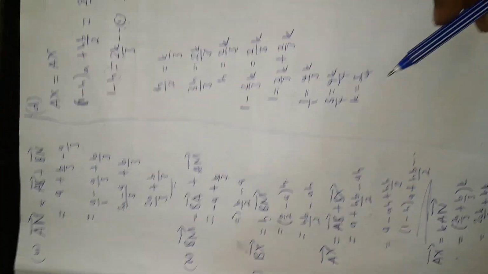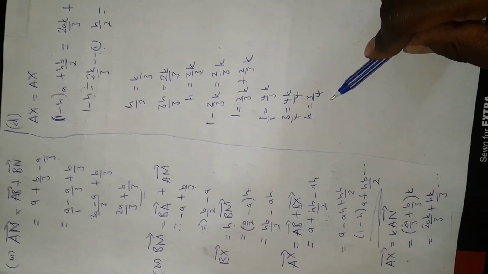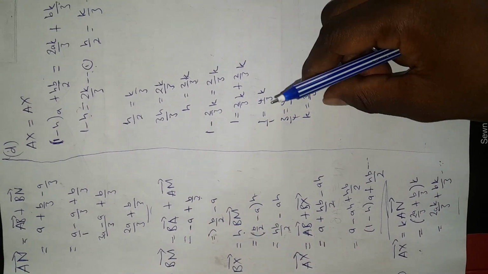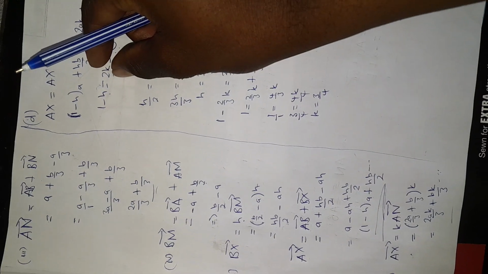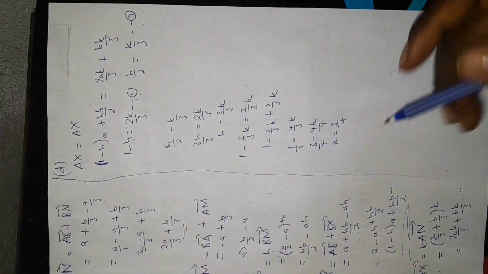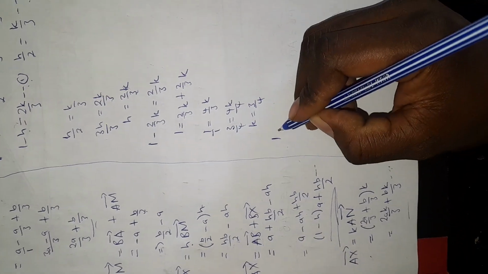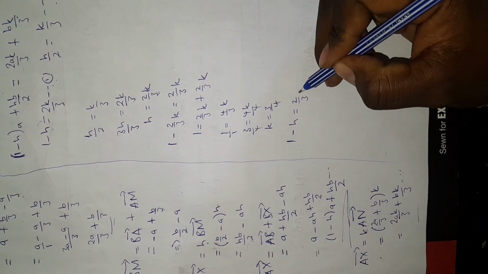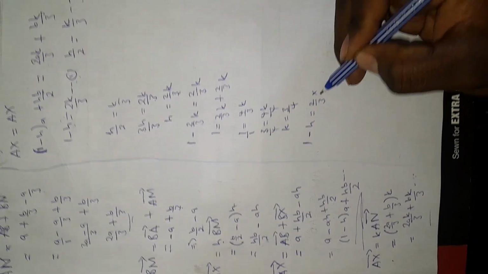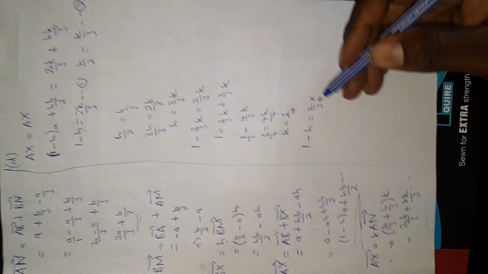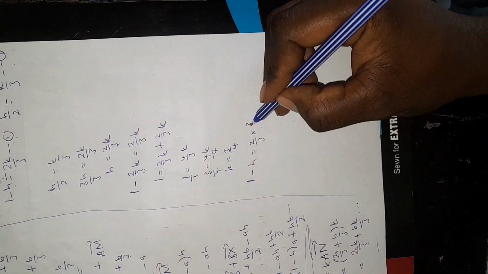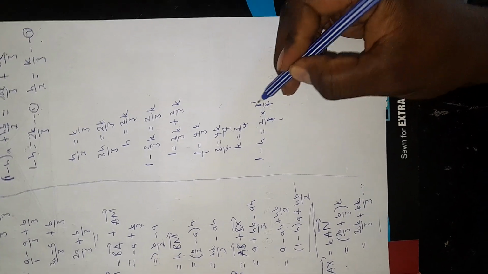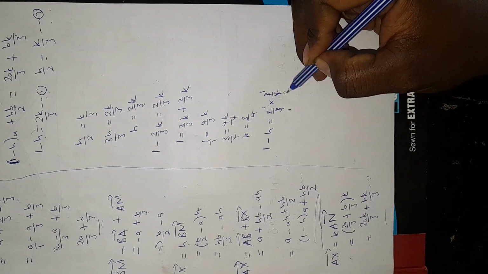Now I want to find the value of H. To find the value of H, I'll just substitute the value of K into equation 1. So 1 minus H equals 2 over 3 multiplied by the value of K, which is 3 over 4. I'll cancel the 2 here.